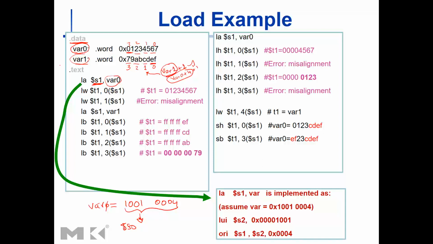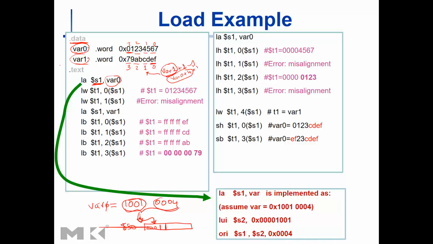The very first step is that I take this number, 1001, and I move it to the upper part of S0. So I took this and moved it to the upper value.